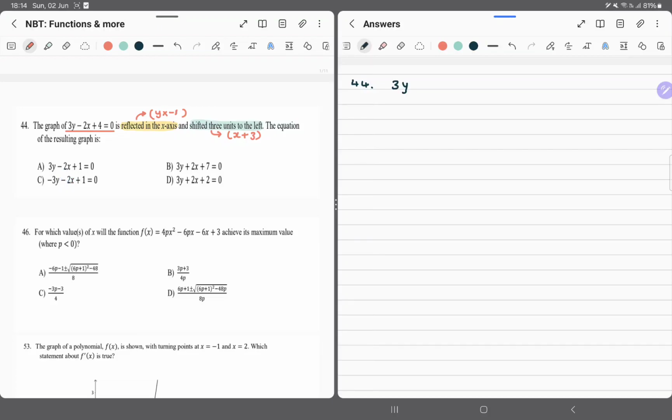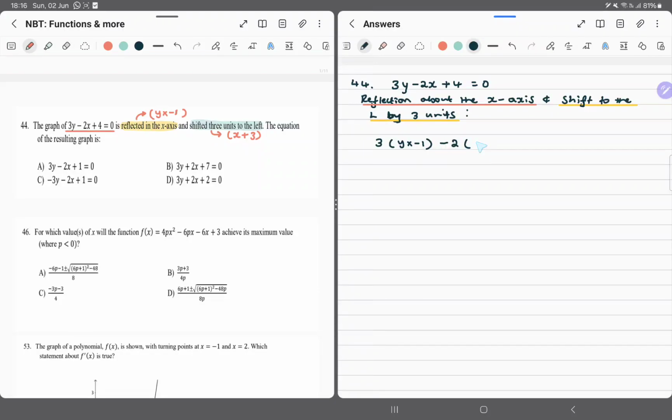Great. It says now the equation of the resulting graph is, so we've got to work this out nicely. So we are given 3y minus 2x plus 4 equal to 0. Now for a reflection about the x-axis and shift to the left by 3 units, it means here on the graph we're going to have 3 into y times minus 1, minus 2 times, instead of x, we write here x plus 3, and then plus 4 equal to 0.